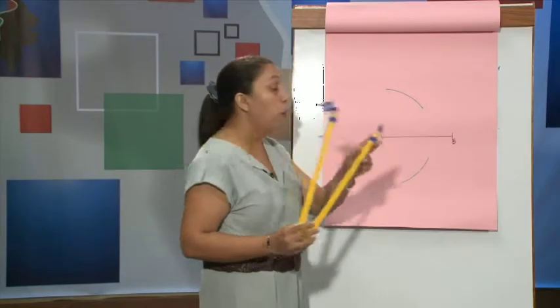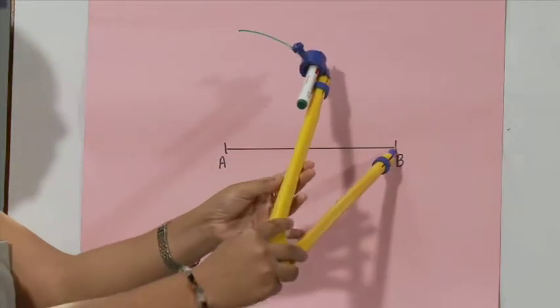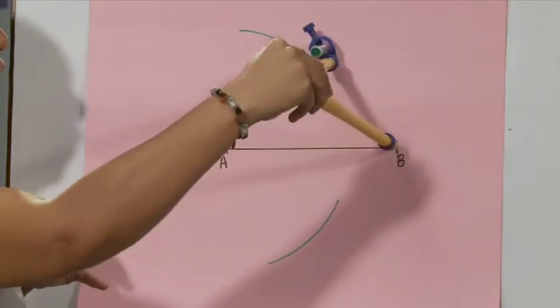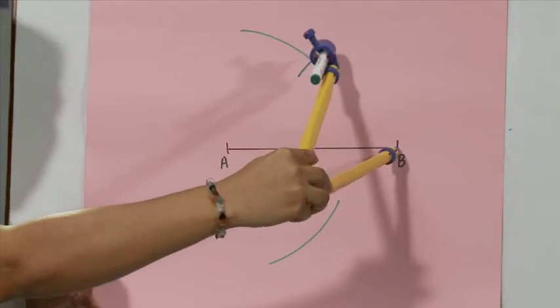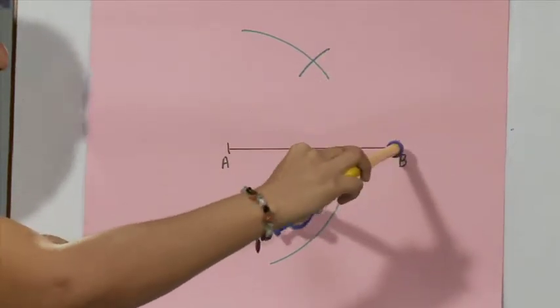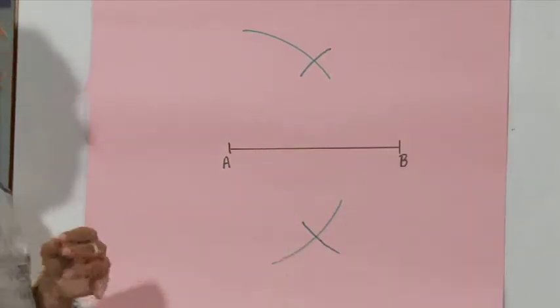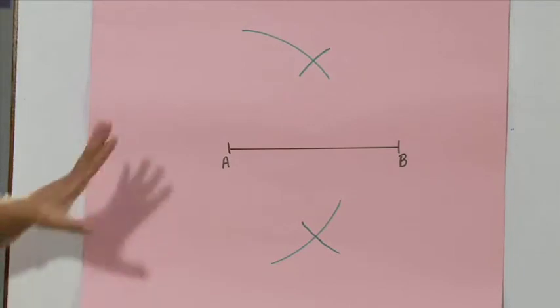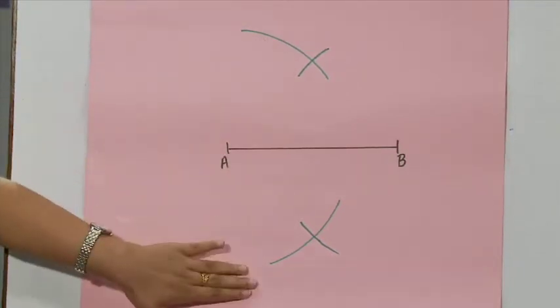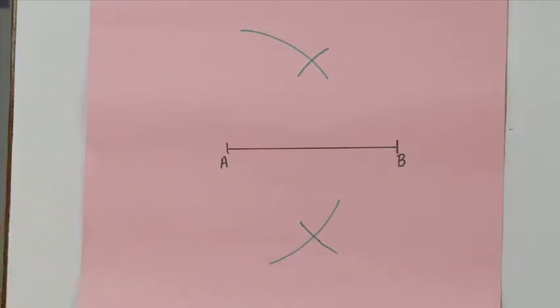You place the pointer on B and you will cut the first arc drawn, okay? Right. Now, what do you have? You've got two intersections, right? So when you have two intersections, what do we do? You just join them, exactly.